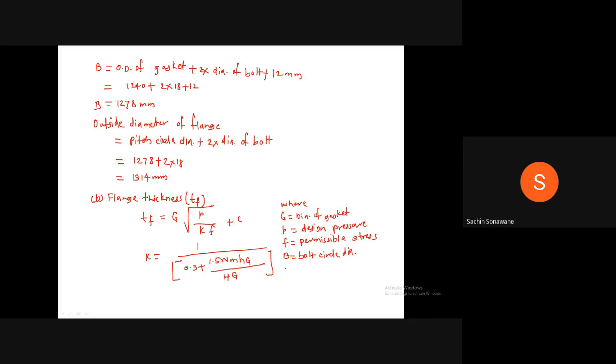C is equal to corrosion allowance. Wm is equal to total bolt load.